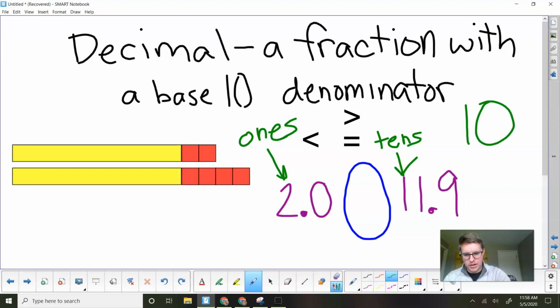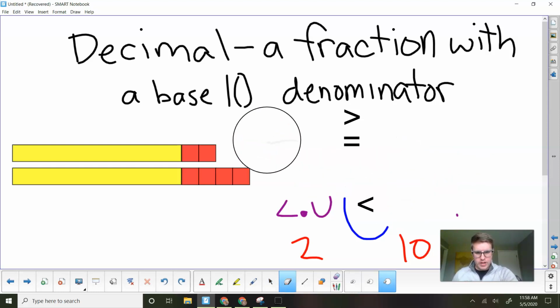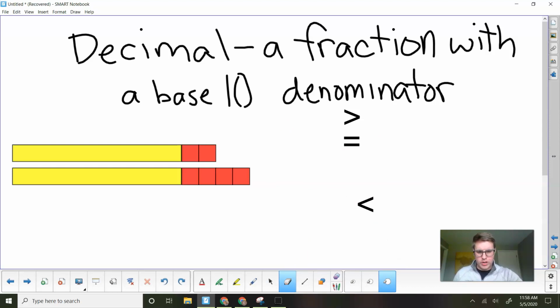So now I'm comparing 2 to 10, which is bigger, right? The 10, so 11.9 is bigger. Okay, I just wanted to show you one example of place value going further than the ones.